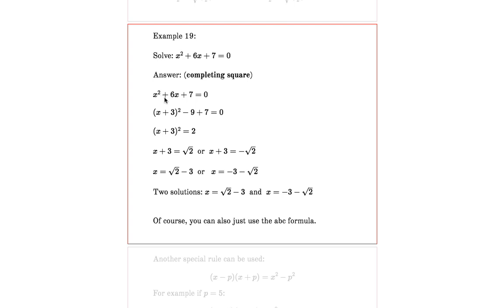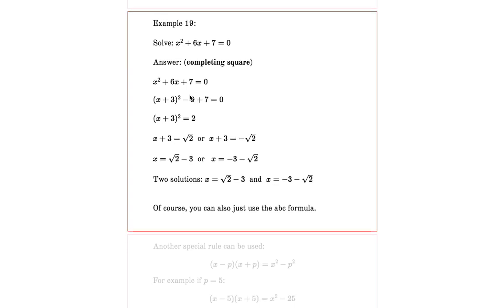So what do we do? We treat these first two terms and write them as (x + 3) squared, where you divide this 6 by 2. But then we have to subtract the square of 3, which is 9. We still have this 7 and it's 0. Then we move these two to the other side, so it's a 2 on the other side.